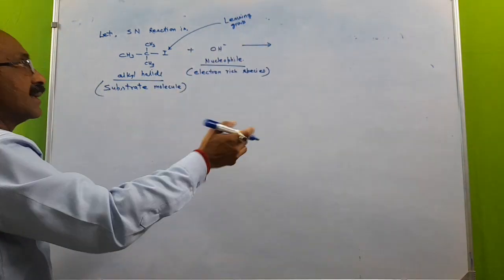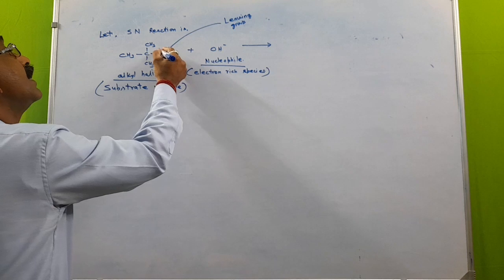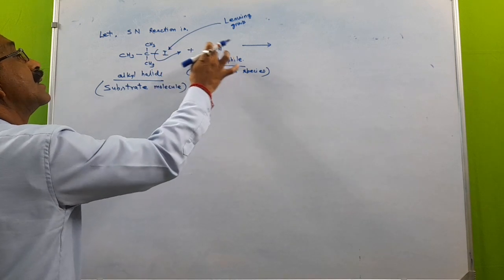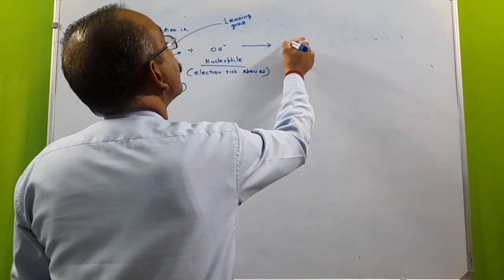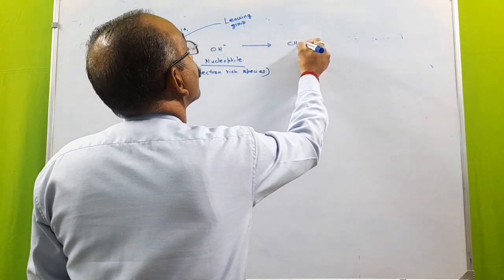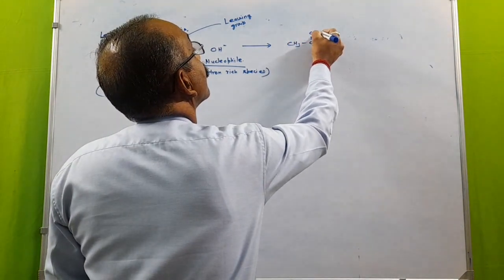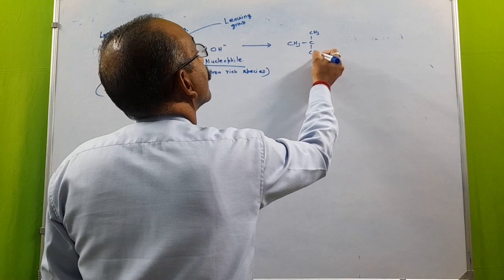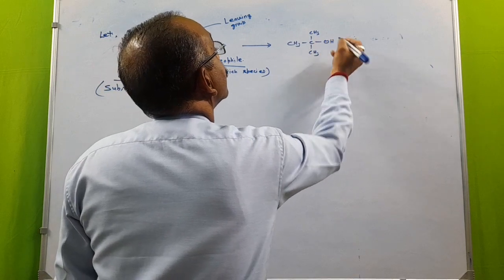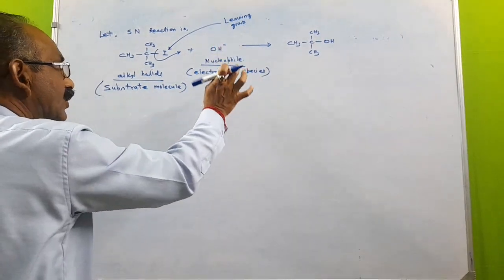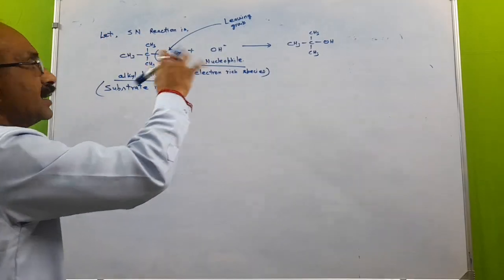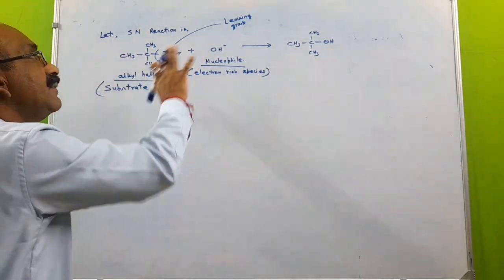Now in this case, this leaving group will be replaced by the nucleophile, and see, the OH minus means nucleophile is replacing the leaving group.